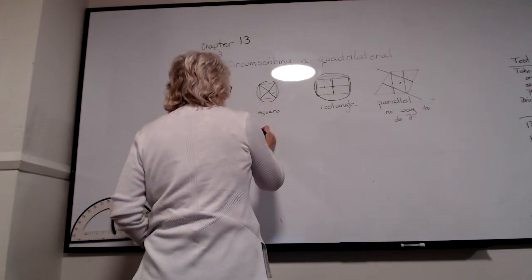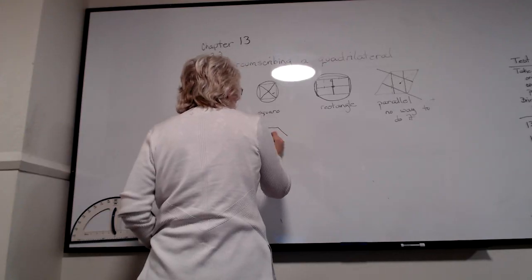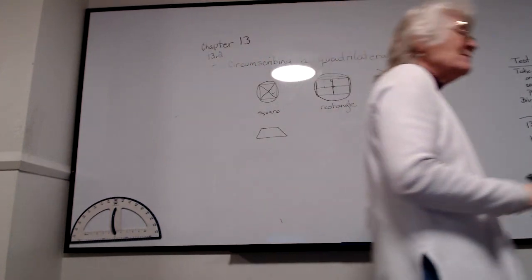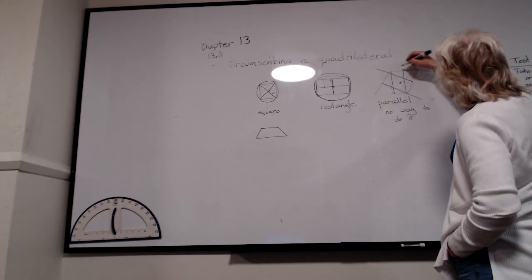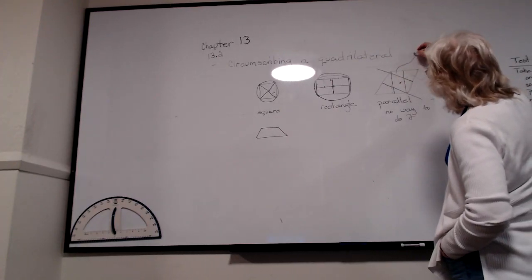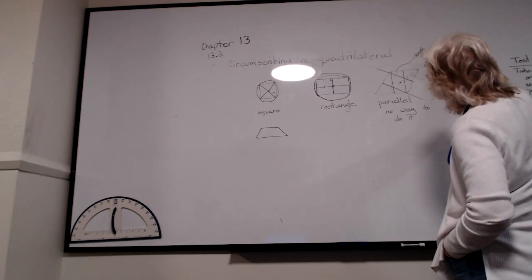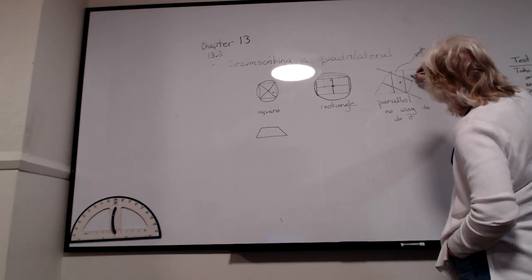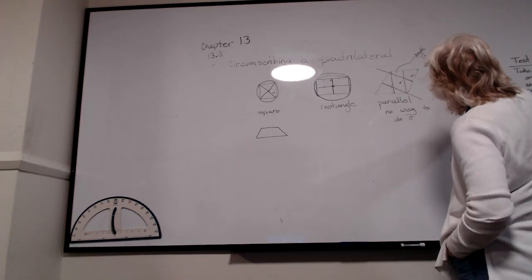Well, let's look at a regular trapezoid. Is it because those two outer points are farther out than the smaller ones? Yep, because this here is longer than this, okay? So that length there is shorter than this length. Is that because it's angled?